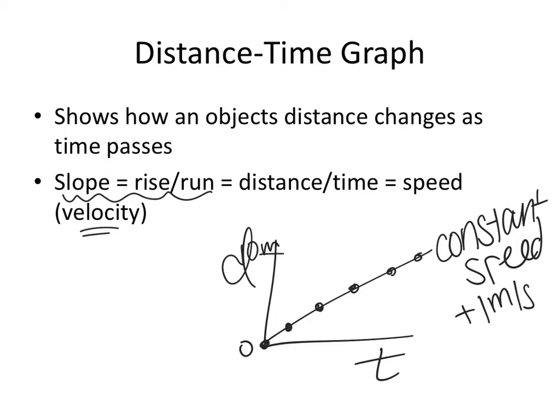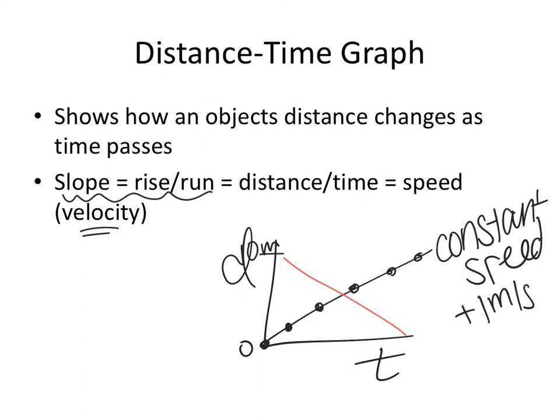If I have a negative slope, what do you think that means? Does it mean I'm slowing down? No, it just means I have a negative velocity, which means I'm walking at a speed, but in what direction? Yeah, the opposite way, the negative direction, which in this one would be back towards start.